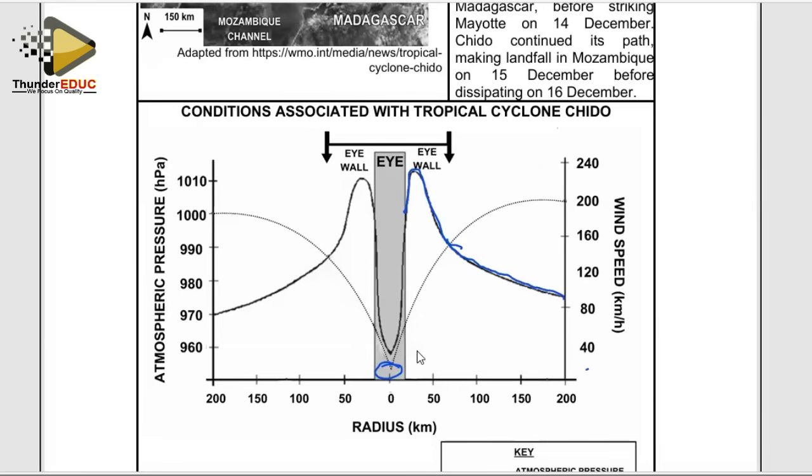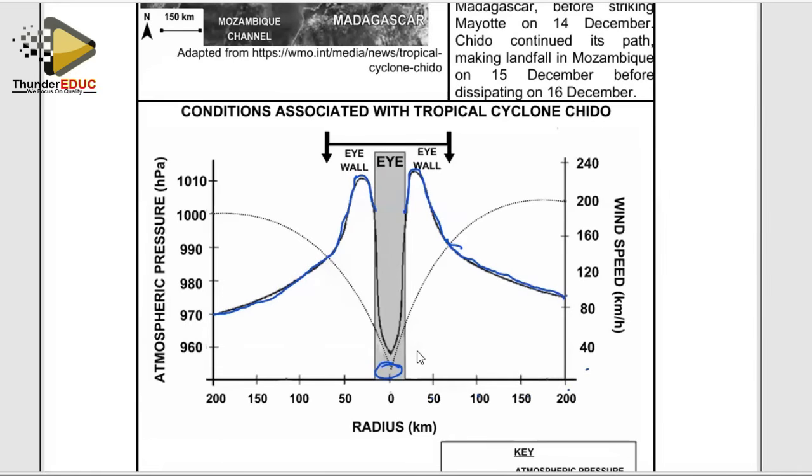This radius from the center of the system we see from 50 meters, 100, 150 to 200. The further we move away from the eye, the speed is also declining. The same happens on either side. The wind speed is very strong at the eye wall, but it declines as we move away with distance from the center of the system.